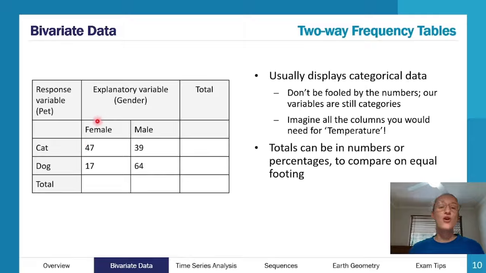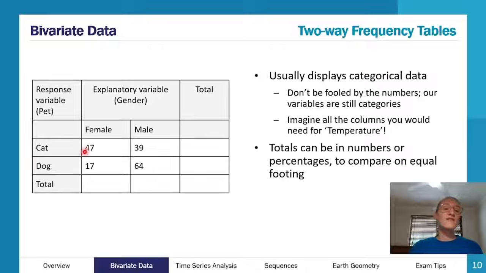So it's not fair to say, well, 47 females prefer cats and 39 males prefer cats, so therefore females prefer cats more. That's not a fair comparison because I've interviewed more males. To remove the impact of that, we can calculate it as a relative percentage, and then we can compare the numbers in percentages.